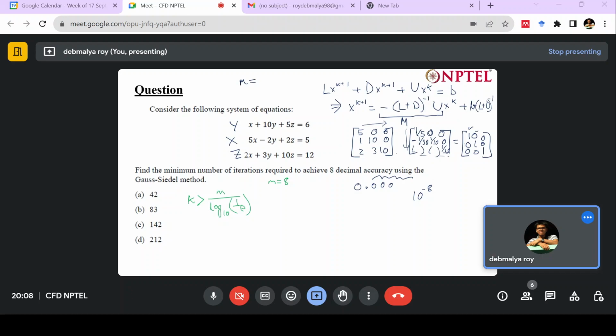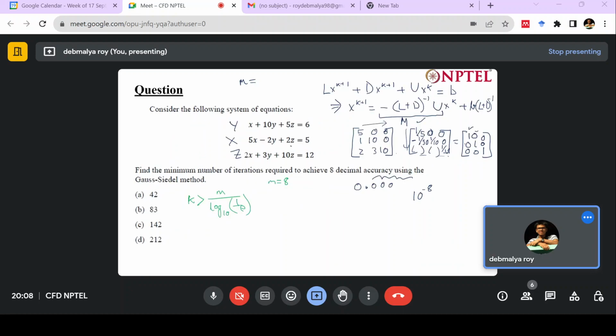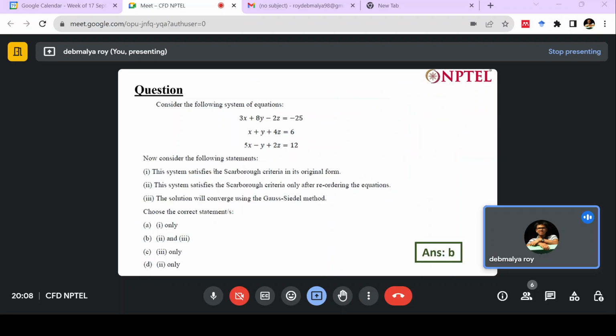So this is how you can calculate m, and what is basically required is the spectral radius of m. There is another, quicker way that you can do this for the Gauss-Seidel method specifically, which is to use the Scarborough criteria formula. There what you do is add up all the non-diagonal elements and divide it by the diagonal element, and have this as less than 1.